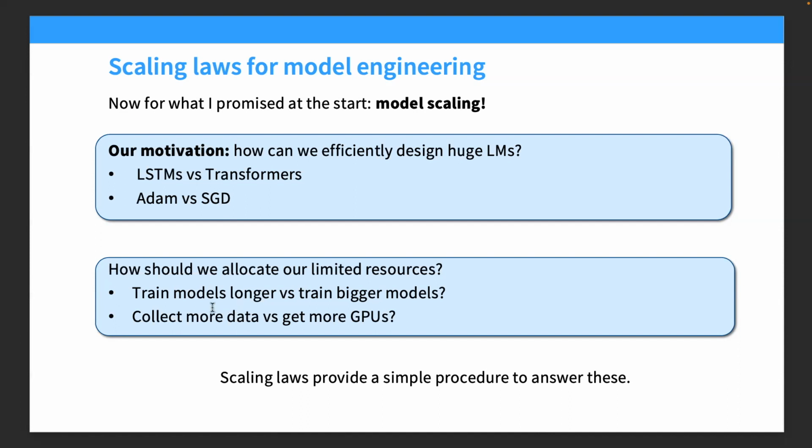Should we train the models longer, or should we just build a bigger model whenever possible? Should we collect more data and get more GPUs? The scaling laws provide a simple procedure to answer these questions.